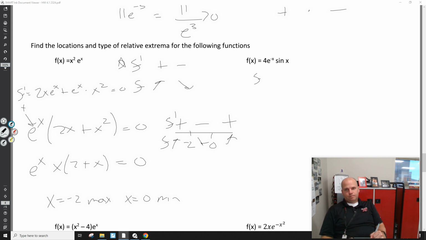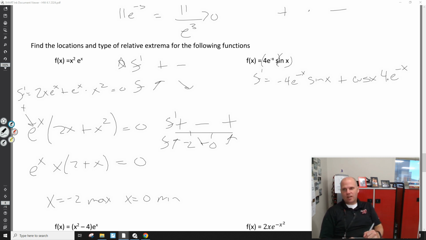This is a fun one. We kind of did this. Here's your product rule. The derivative of e to the negative x is e to the negative x times -1. So the derivative I can write as -4 e to the negative x. That's the derivative of the first times the second. Plus the derivative of the second times the first. How do I set this equal to 0? What am I going to do?